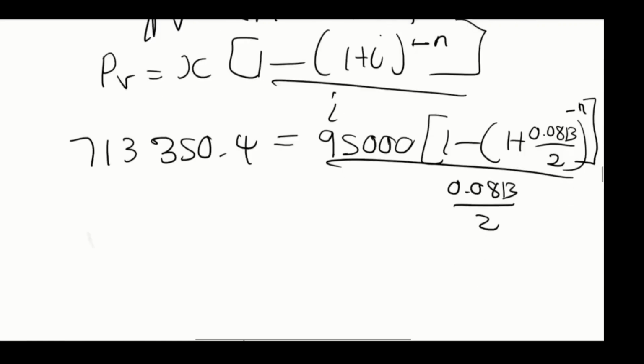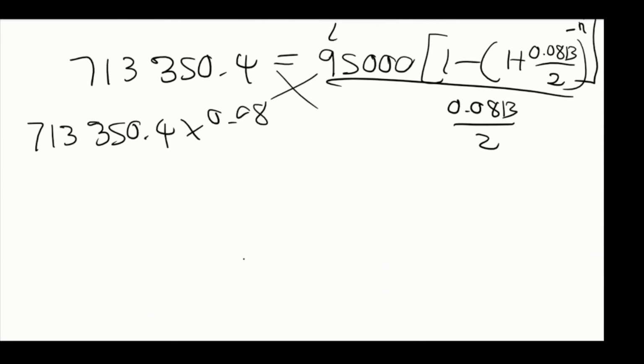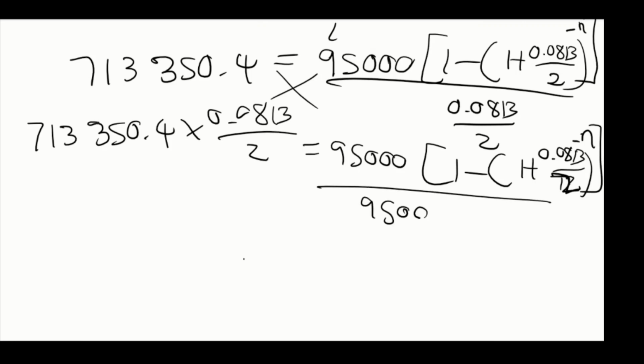You don't have to find the final answer now, just cross multiply. So we're going to have 713,350.4 times 0.0813 over 2 equals 95,000 into 1 minus 1 plus 0.0813 over 2 to the power of minus n. Then we're going to divide by 95,000 on both sides.